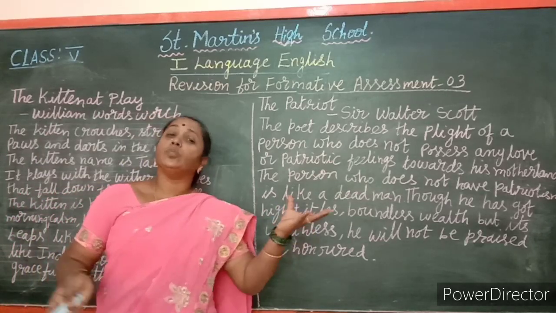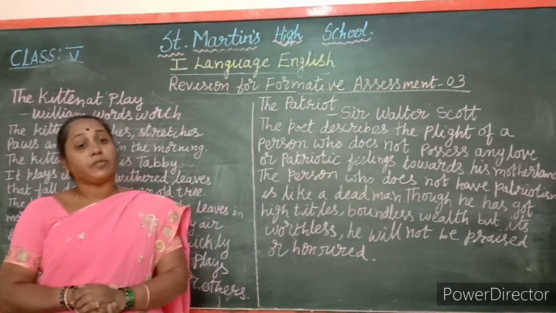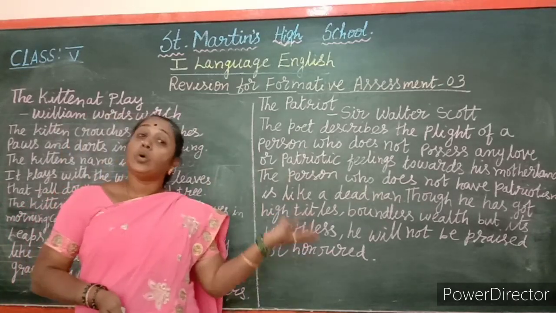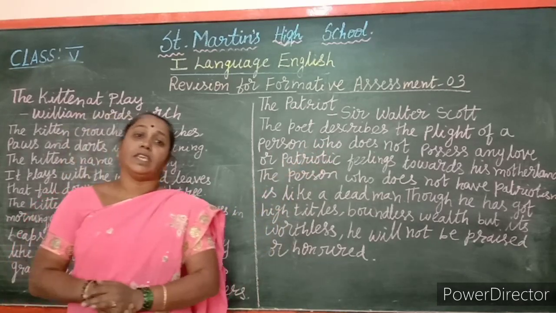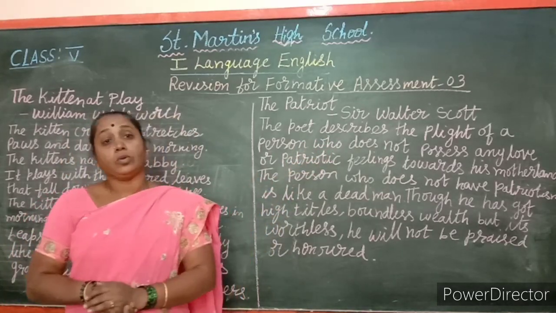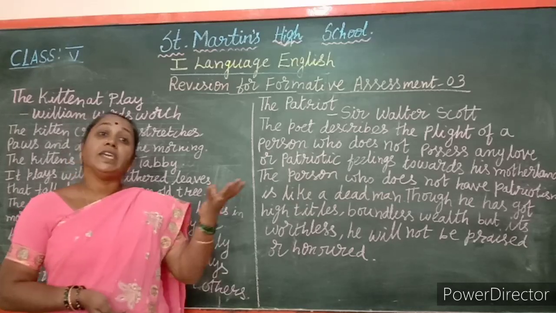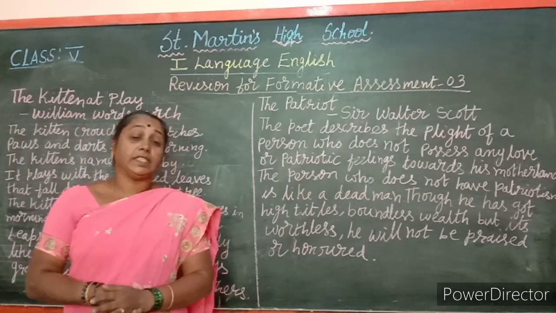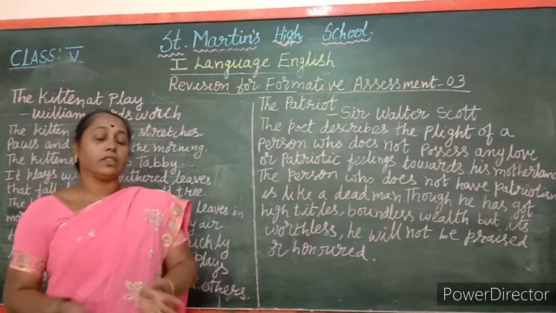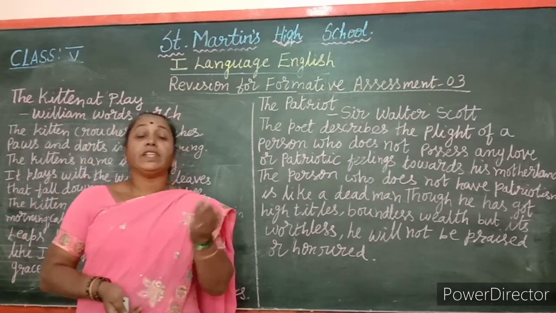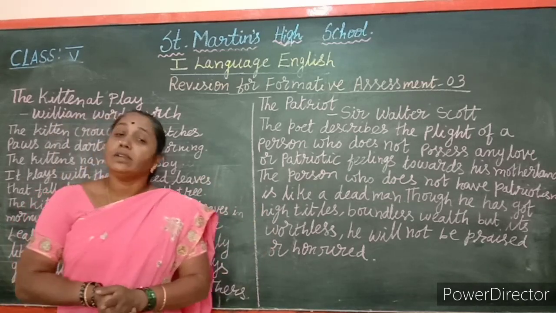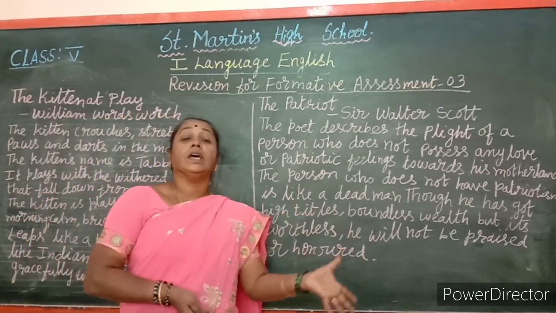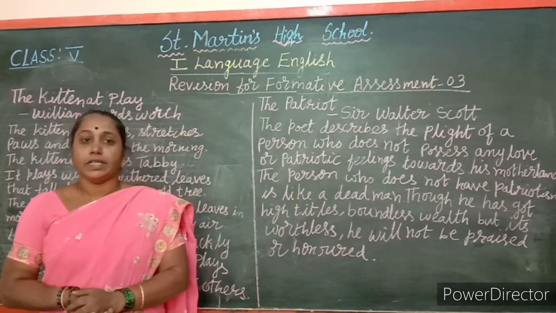And though he has high titles, and pelf means wealth, though he has studied more and got many titles along his name, which gives pride to his name. But though he has so many titles and boundless wealth, when he dies, it is all compared to a wild dust. That means it all looks like worthless dust.